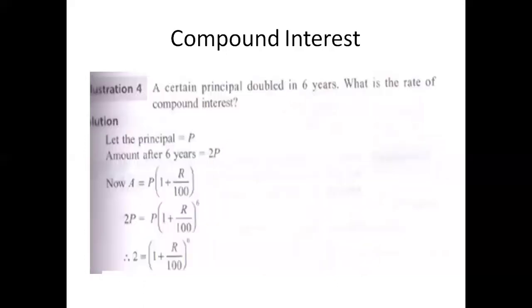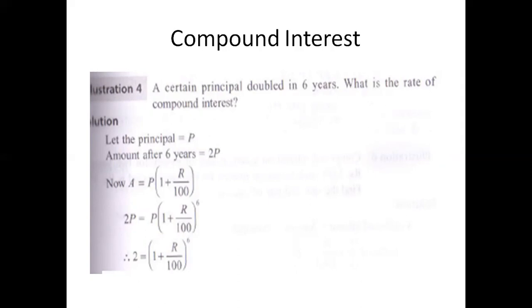Now we can also see another problem: a certain principal doubles in 6 years. What is the rate of compound interest? Now we have the principal equal to P and the amount after 6 years equal to 2P. So the principal has doubled itself in 6 years.